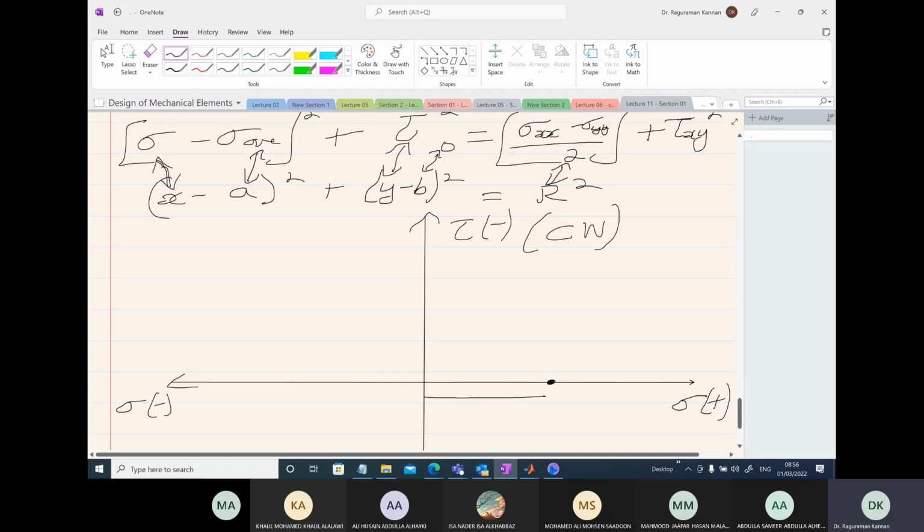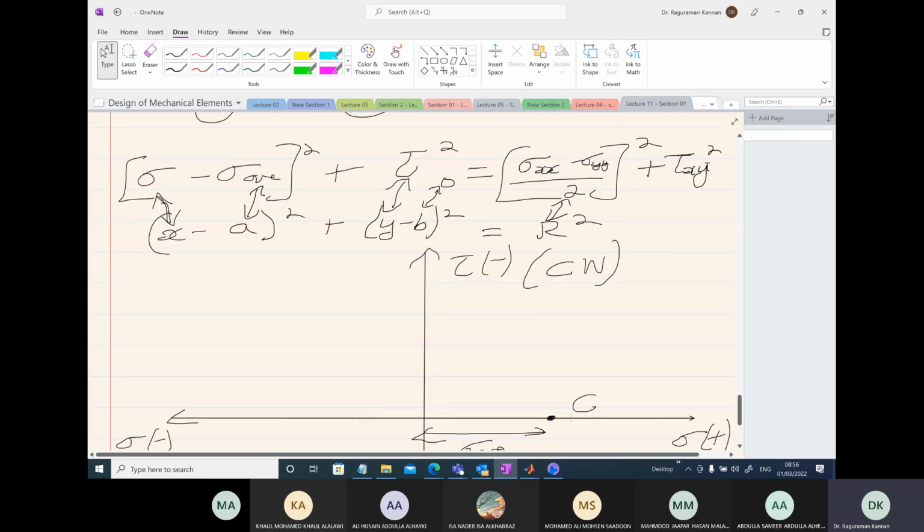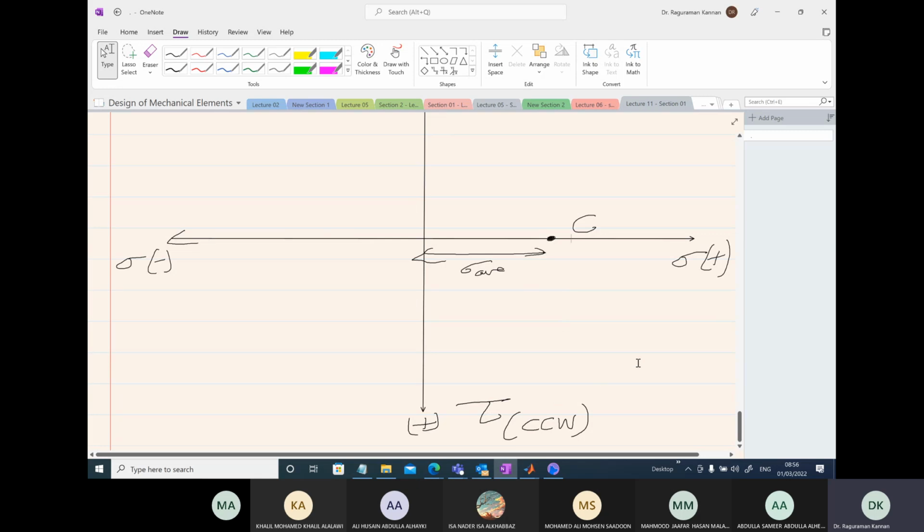So let's consider this distance as sigma average, and that gives you the center of the Mohr circle. The radius we can obtain from the right hand side in the case of a 2D problem. We will be able to calculate it. There is also another way to obtain the radius. How do I obtain the radius?